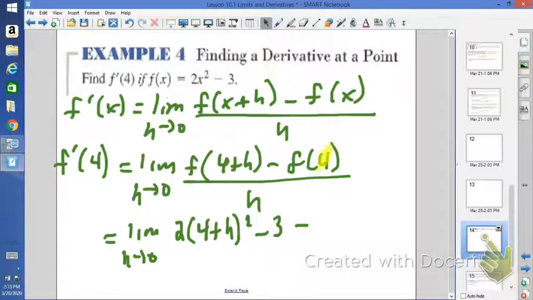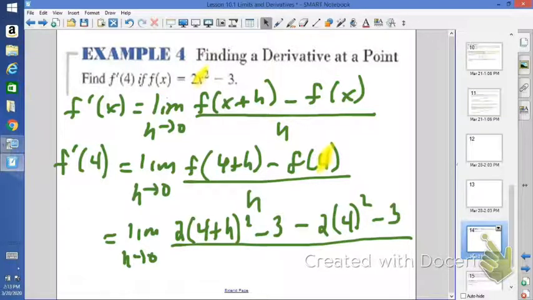So I take 4 and plug it in here. So that's going to be 2 times 4 squared minus 3 all over h. And I'm going to pause this because I need some more room.